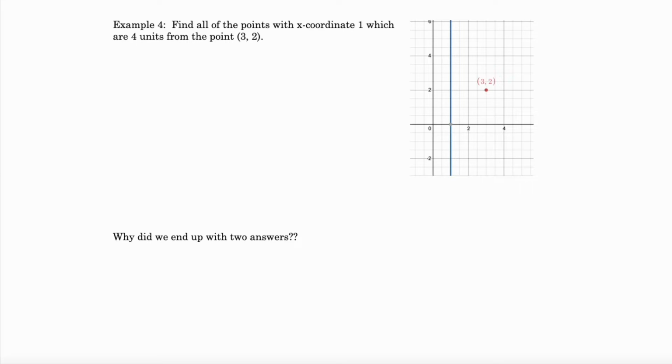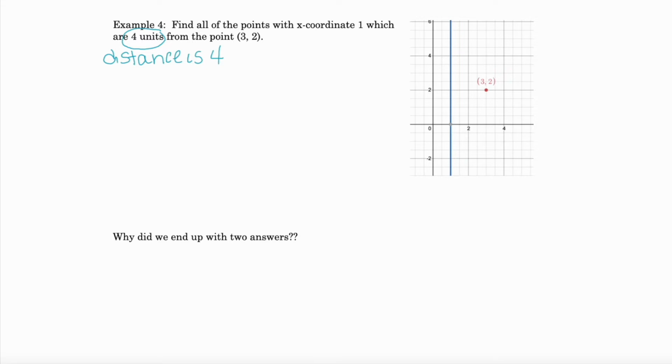Find all of the points with the x-coordinate 1, which are 4 units from the point (3, 2). So we do know that it has to be 4 units away, so we know that our distance is 4 units.